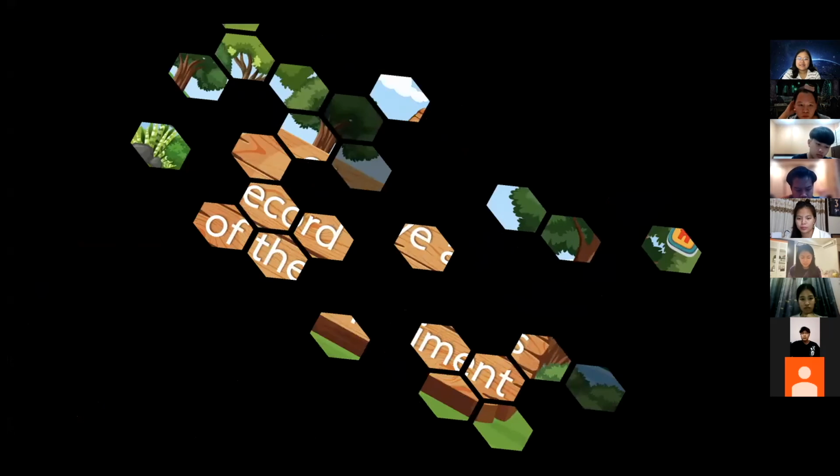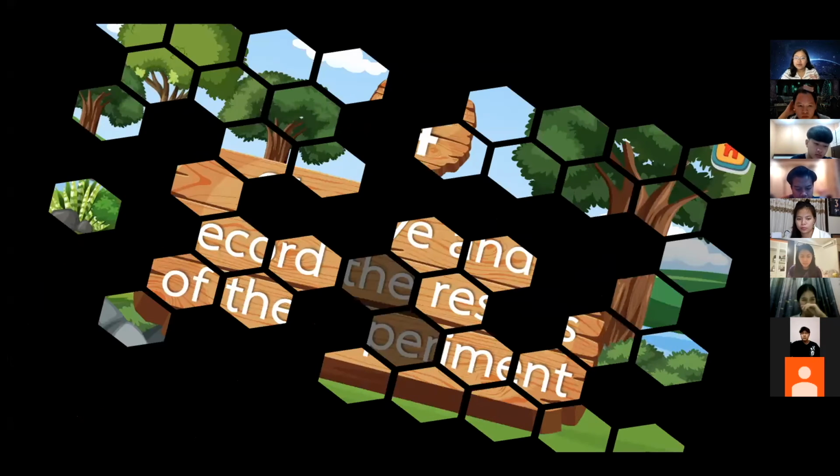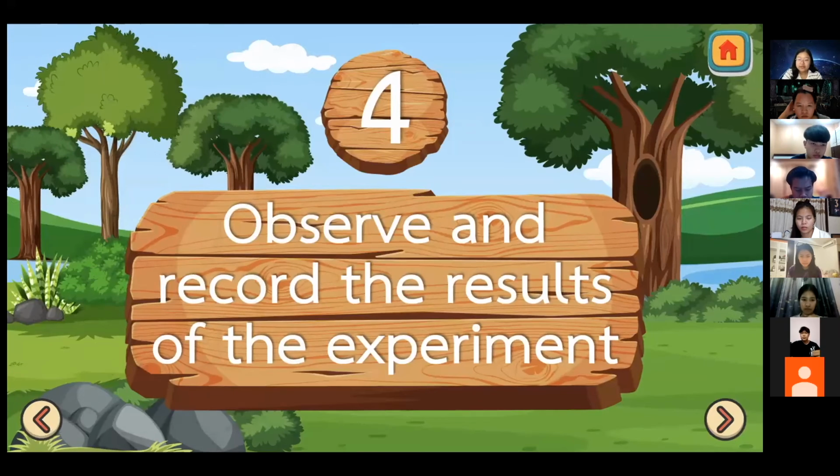Next, you will observe and record the result of the experiment. This is all the steps. Can you remember the steps? Yes. Okay, great.